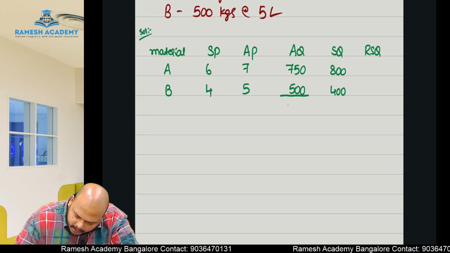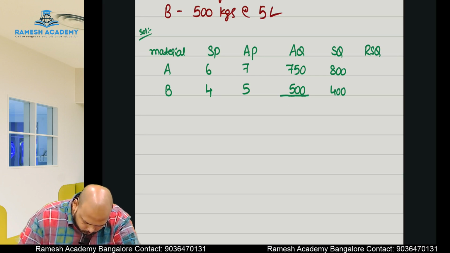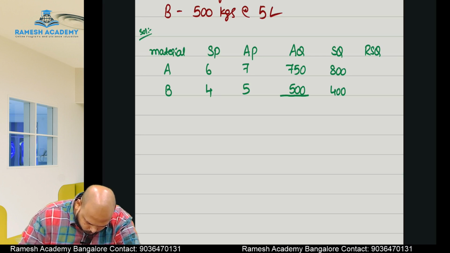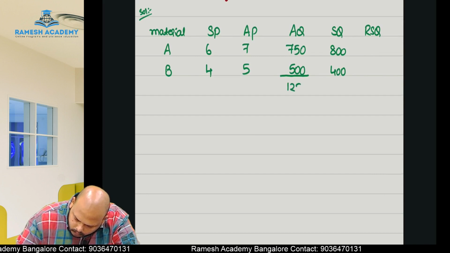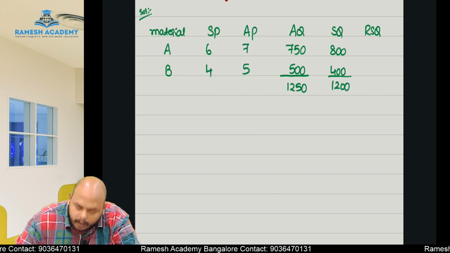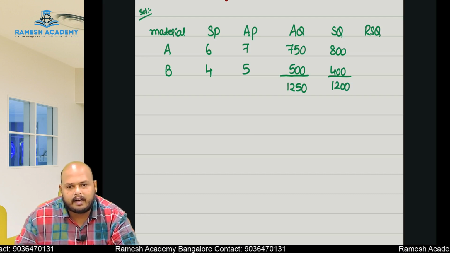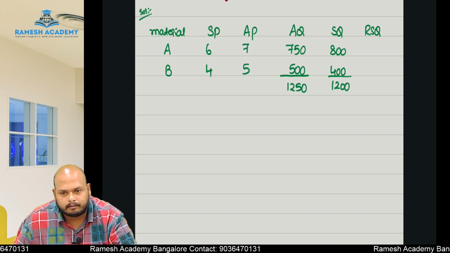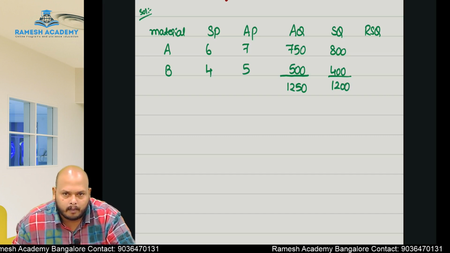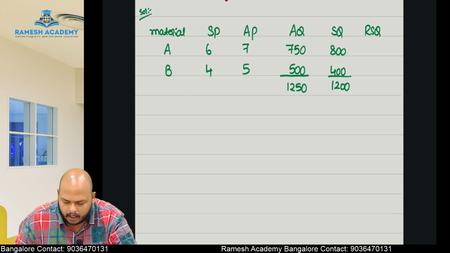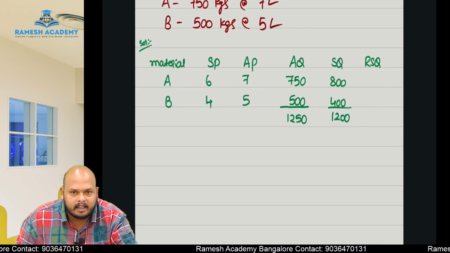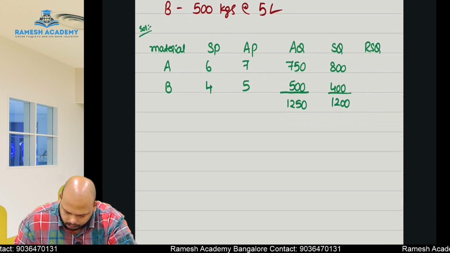Total: 750 plus 500 is 1250. This is the actual. Standard is 1200. Revised standard quantity I will talk about later. Okay? So this is the given information which we wrote. Now let us calculate the variances one by one.